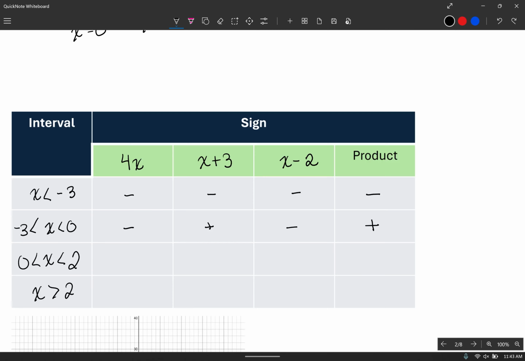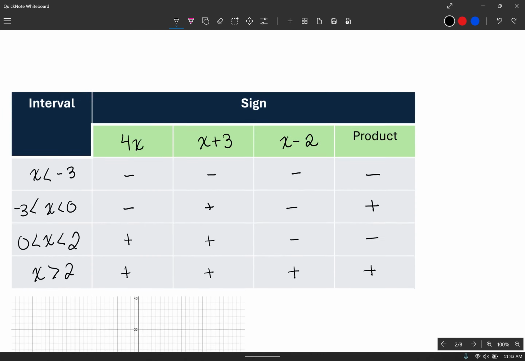A number between 0 and 2, so 1. 4 times 1 is positive. 1 plus 3 is 4, that's positive. 1 minus 2 is negative, so this will be a negative product. And a number bigger than 2, so let's go 3. 3 times 4 is positive. 3 plus 3 is positive. 3 minus 2 is positive, so this product is positive.